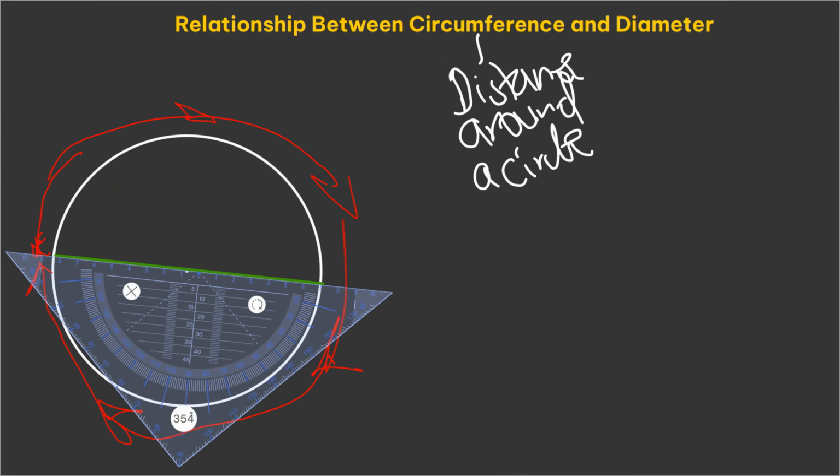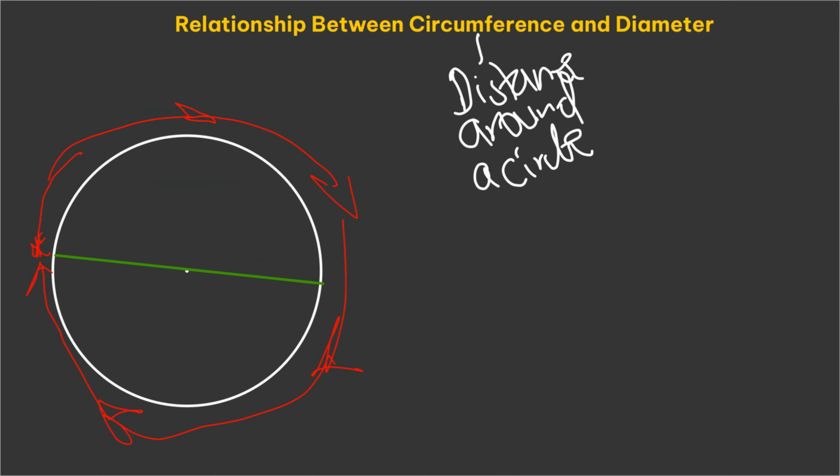Let's make sure that the line is passing through the center. Now that's the line. You can see that this straight line is from one end of a circle to the other end, and it passes through the center.